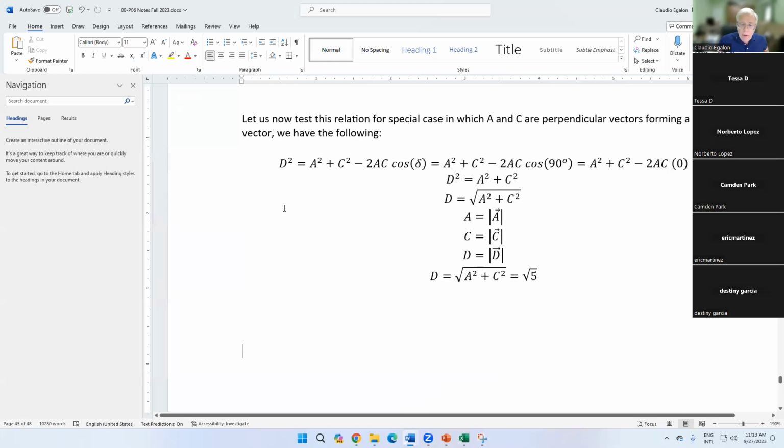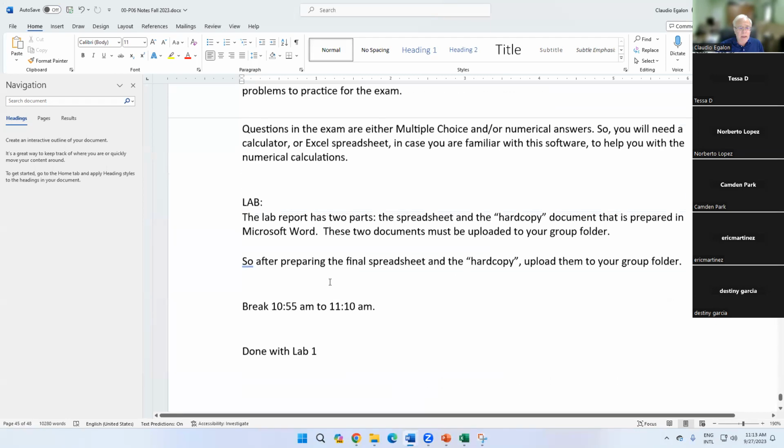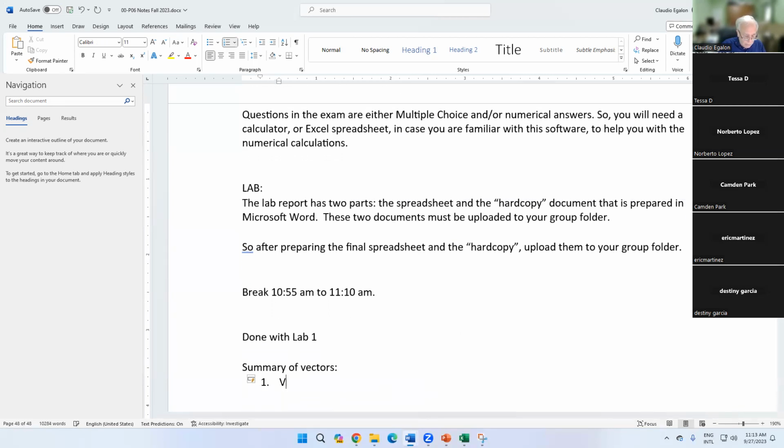So what we did so far: vectorial representation. We did the summary of vectors, right? Vectorial representation, both graphical and mathematical.